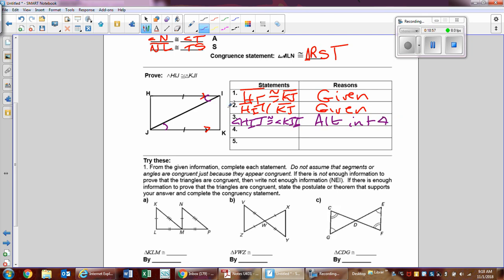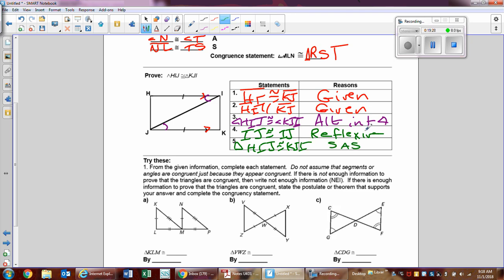If two lines are parallel, then the alternate interior angles are congruent. Then I can add IJ is congruent to IJ, well, with what? Reflexive property. Okay, then I can say triangle HIJ is congruent to triangle KJI by side, angle, side.